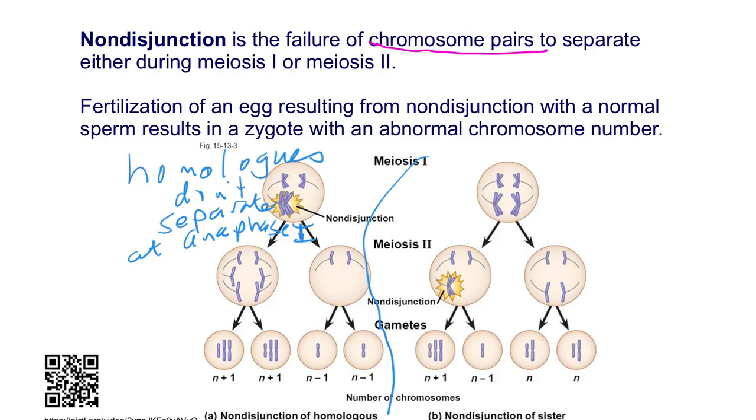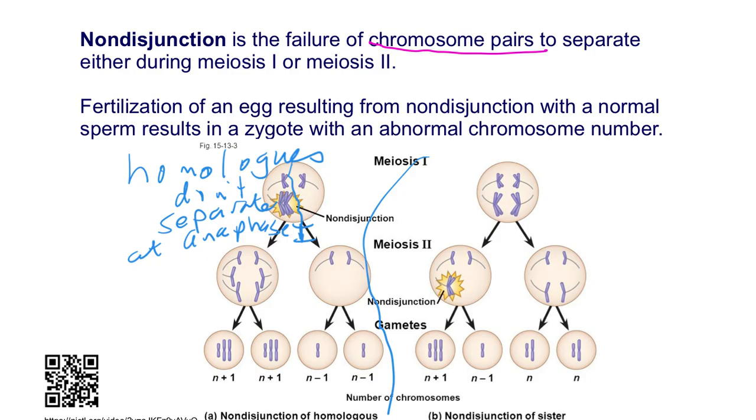So that one guy has 3. Okay, one guy gets 1, 2, 3 chromosomes. When they split during anaphase 2, one only gets 2, one only gets 1.